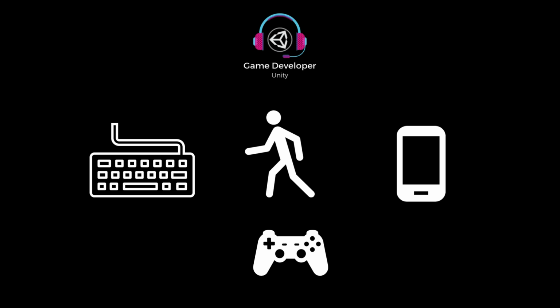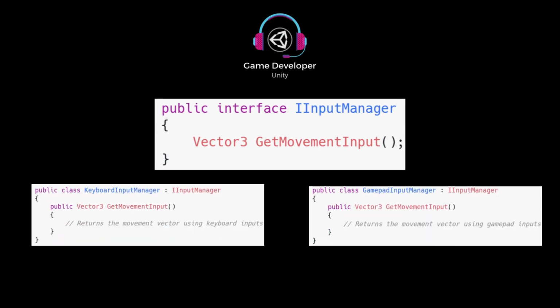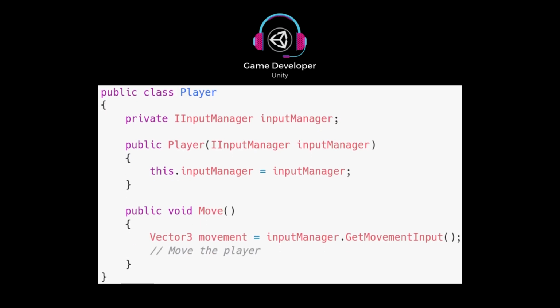The input manager interface defines a method to get movement input. The keyboard input manager and gamepad input manager classes implement the input manager interface and get movement input from different devices. The player class depends on the input manager interface.